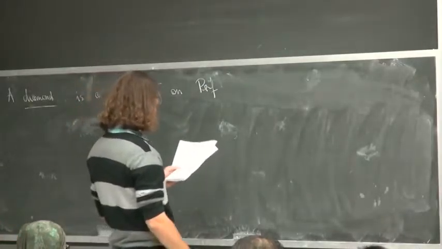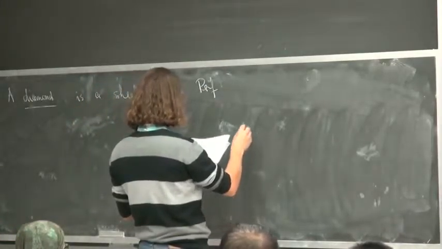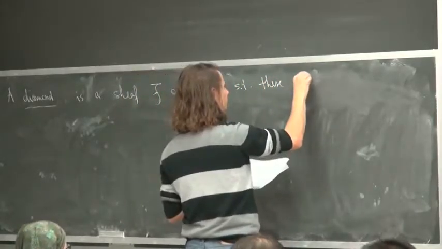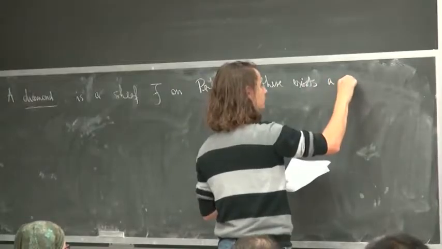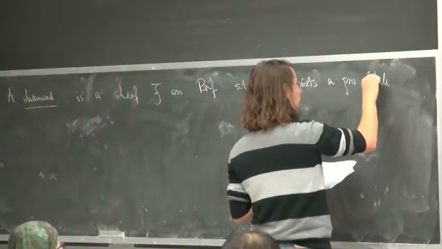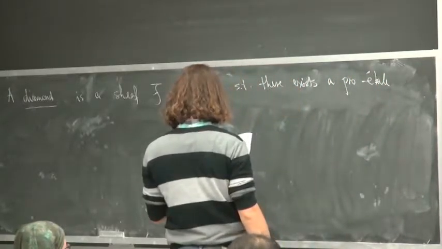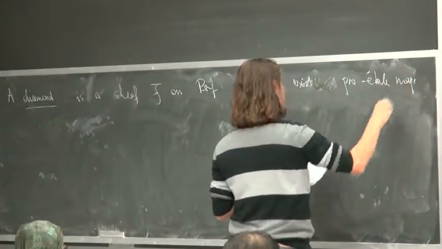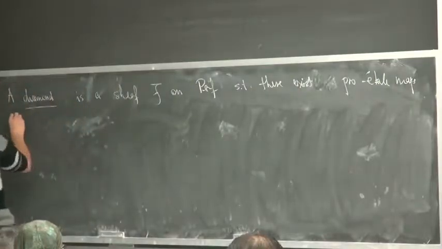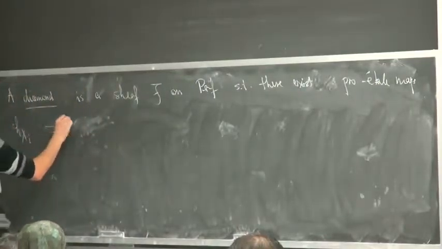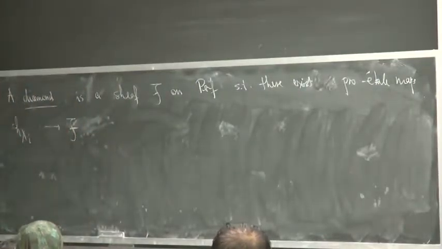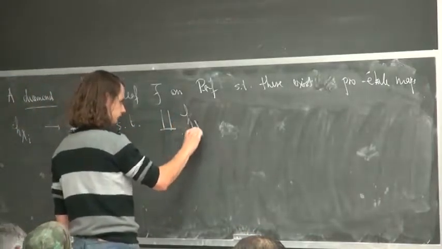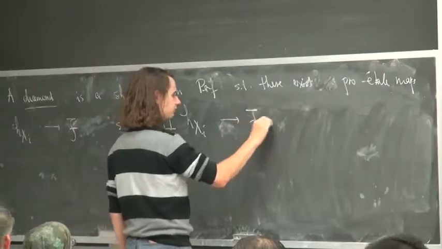On Perf, I said there exist pro-étale maps from representable guys such that together they're surjective.